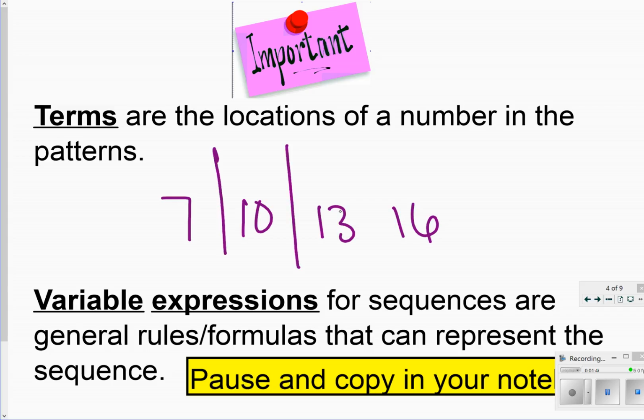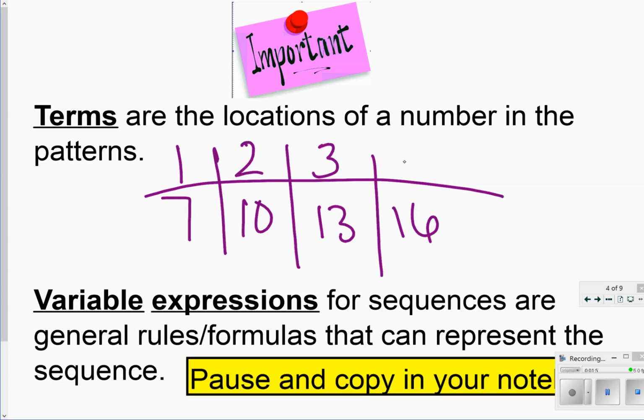Well, if I created a table, I would see that 7 is our first term, 10 is our second term, 13 is our third term, 16 is our fourth term, and so on and so forth. So I could continue going on to find different terms in our pattern.